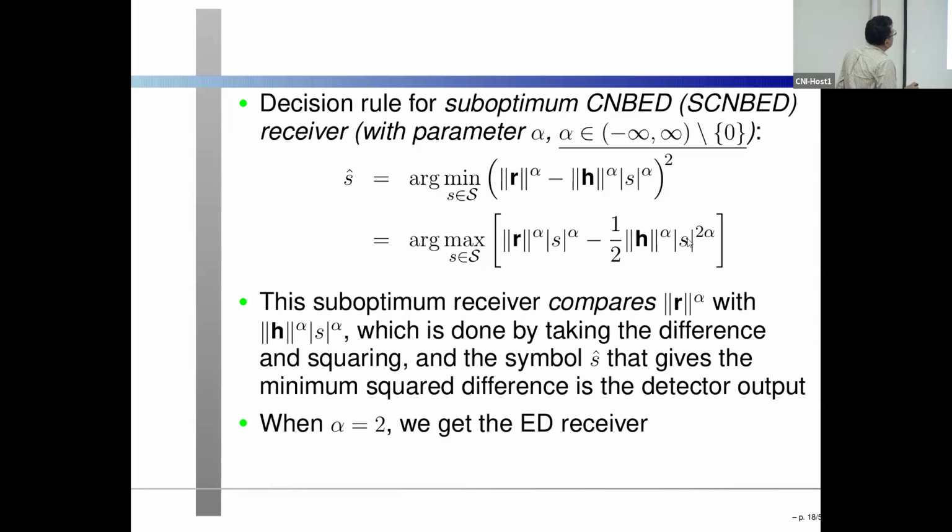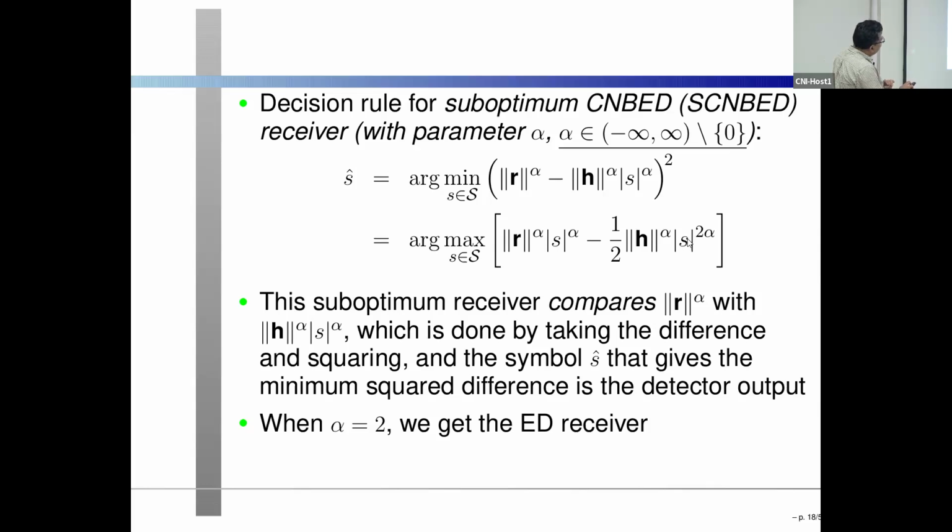Right. So next is the suboptimum CNBED, the channel norm based receiver, which we call SCNBED, with parameter alpha. This parameter alpha can be anything which is not 0. Okay, it can go from minus infinity to infinity. Actually, there is no restriction, except that it has to exclude 0, nothing else.